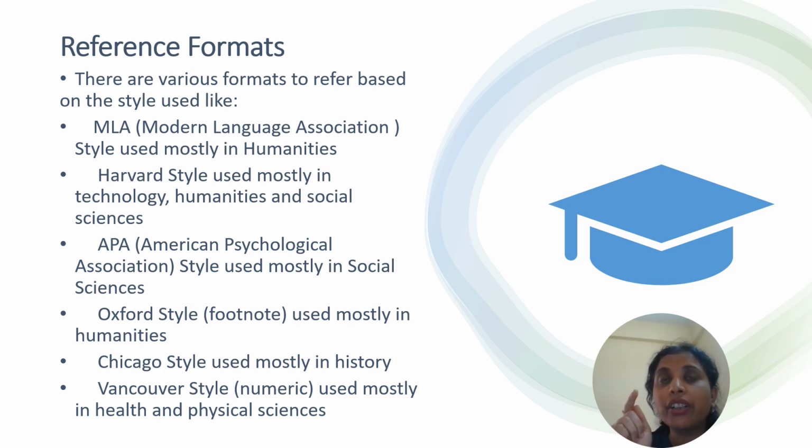Whenever you are doing literature review, if I go back and show you, my slides are not moving. In the previous slide, I have shown you how to do the literature review in a table. The first column where you are writing the author name, detailing. So you can use this referencing format. So these are a few easy tips for you to do your literature review in the easiest way.